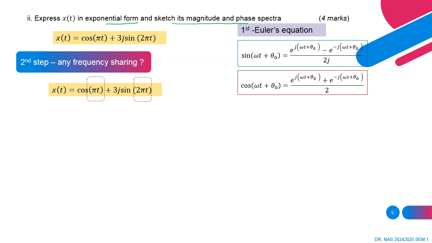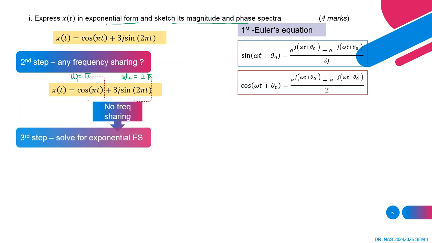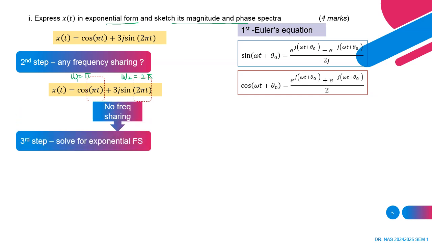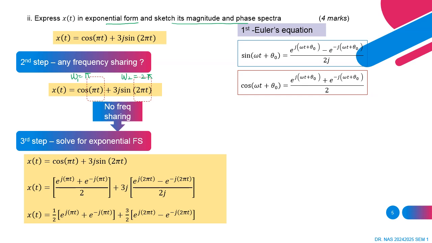Okay, look at the first component and the second component. The first omega is π, ω1, but ω2 is 2π. So there's no frequency sharing. When there's no frequency sharing, you can start solving the exponential Fourier series by converting the cos and sine functions using Euler's theorem.